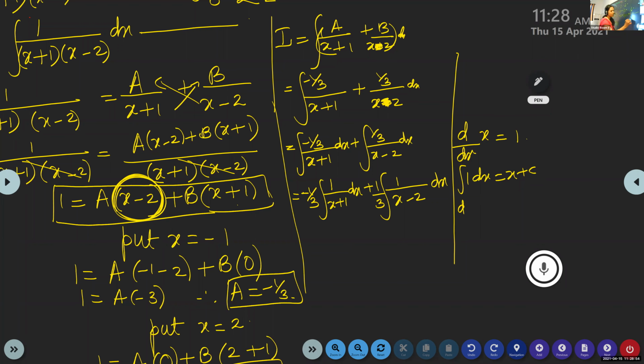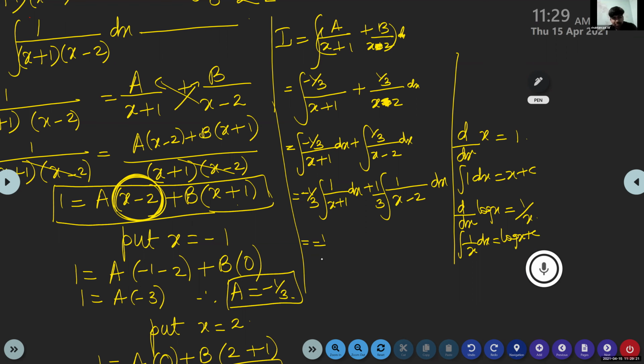What is the derivative of log x? It is 1 by x. So the integral of 1 by x is log x.